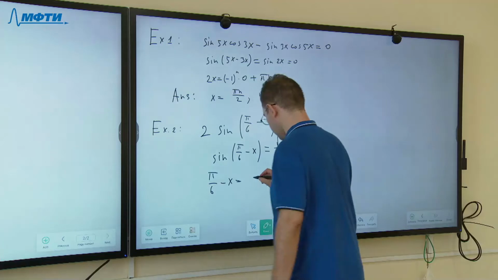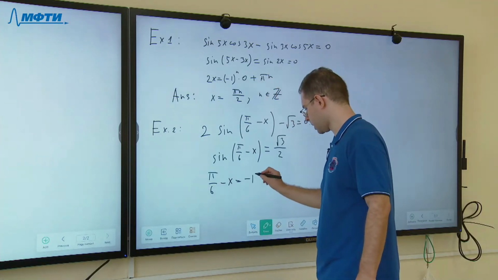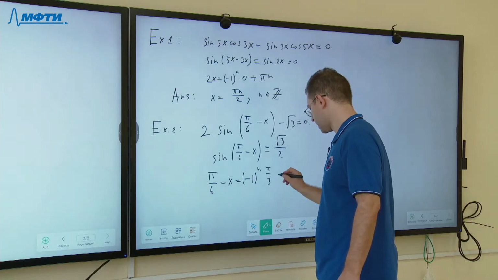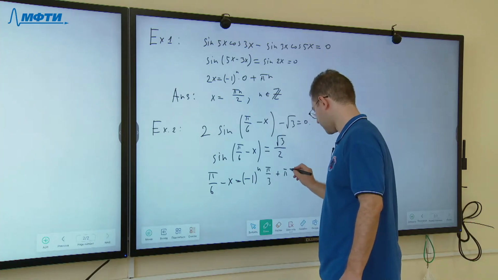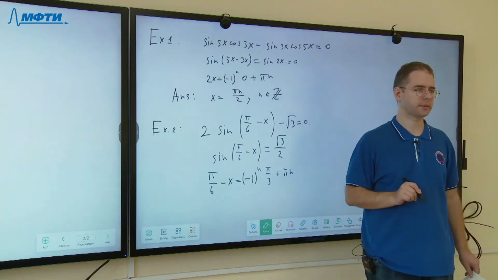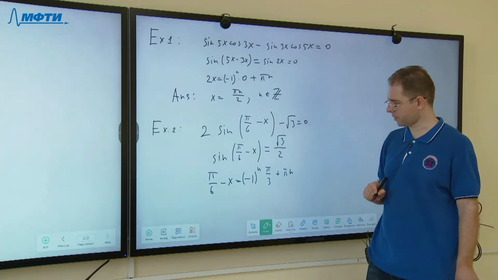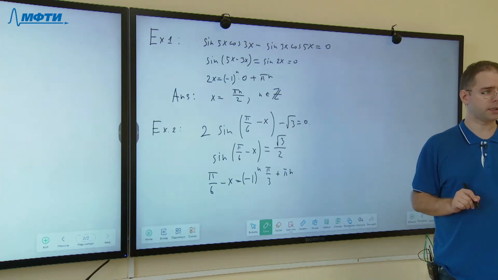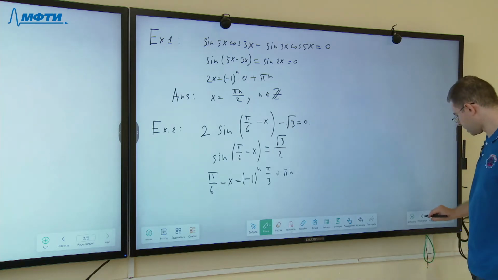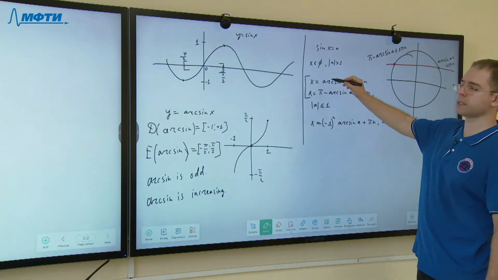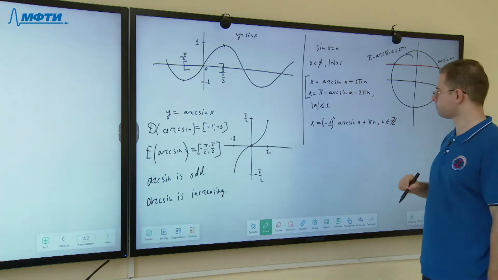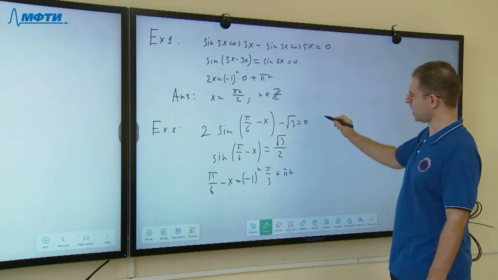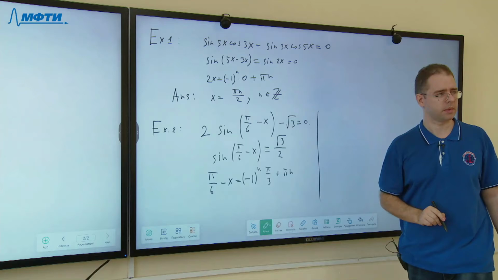So the solution is minus 1 to the power n, pi over 3, plus pi n. But actually, in this case, it would be more convenient to write down the solution as two separate sequences. Those are neither sequences nor series, I don't know how to call it.